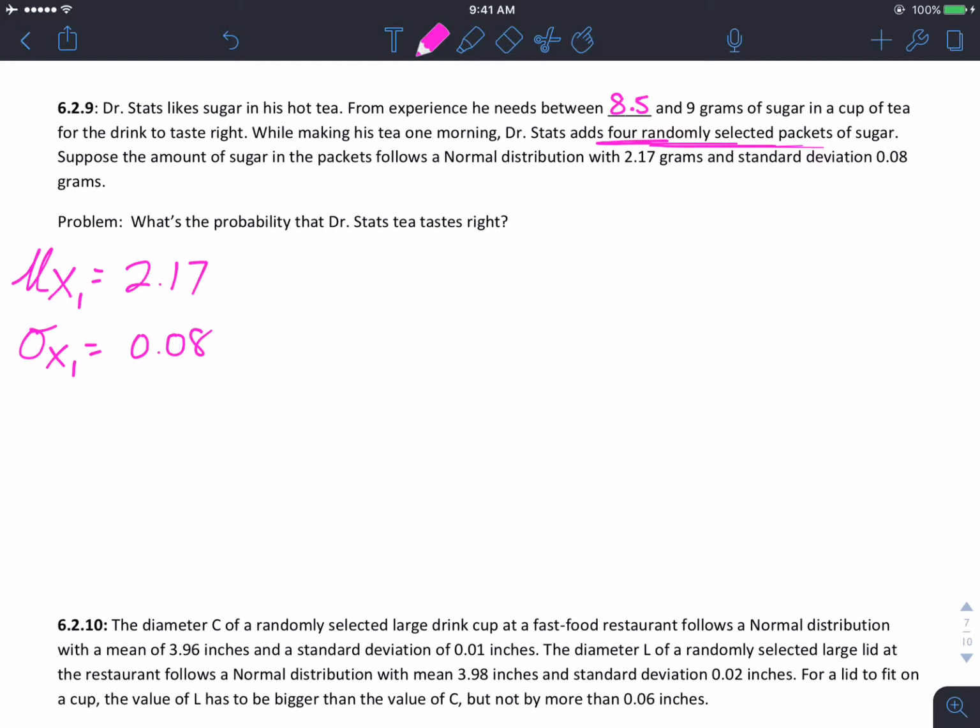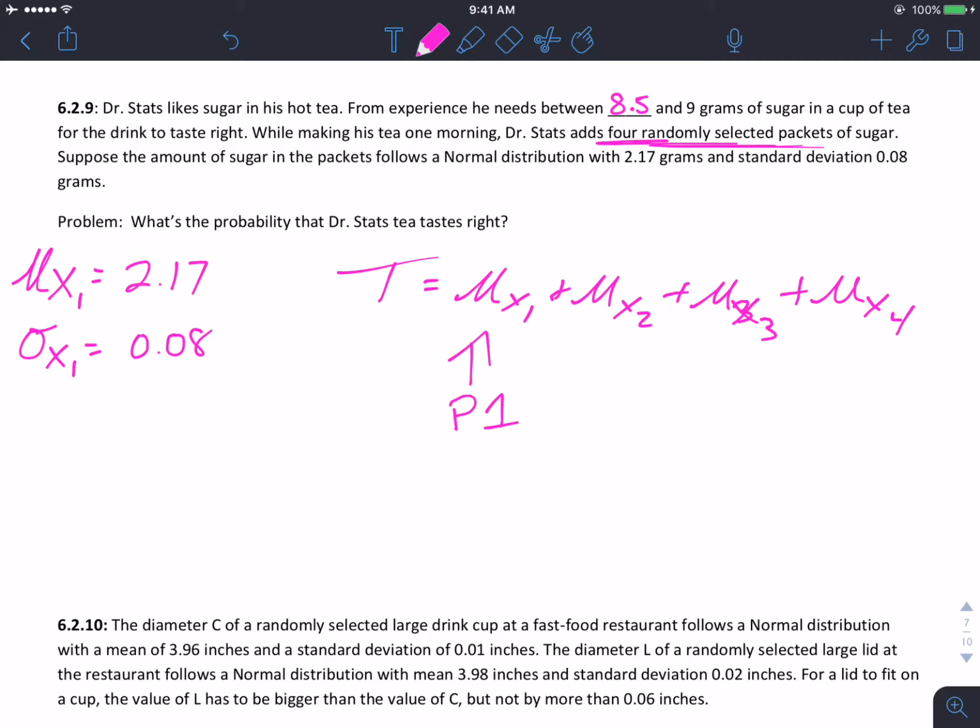So what we need to do is add up all these packets of sugar. This is packet 1, packet 2, packet 3, and packet 4.